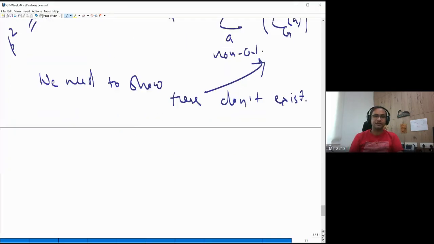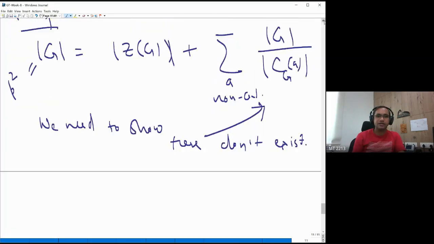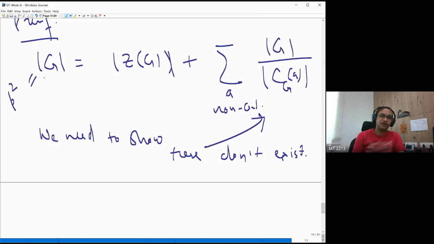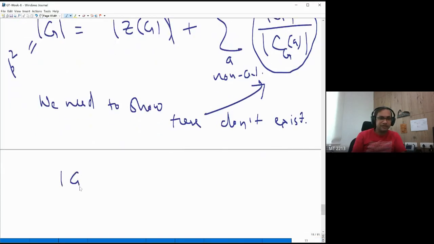Okay, we'll try that. We have the equation that the order of G is p square. What can I say about this term here? Let's write this separately. The numerator is order of G, and the term is order of G by order of centralizer of A in G. The numerator I know is p square.